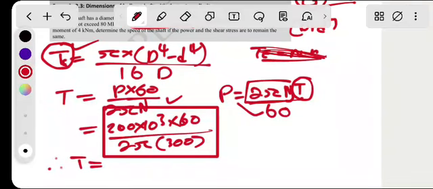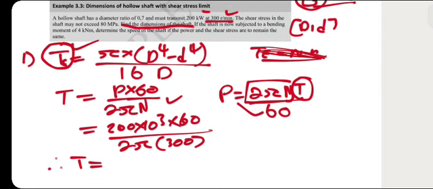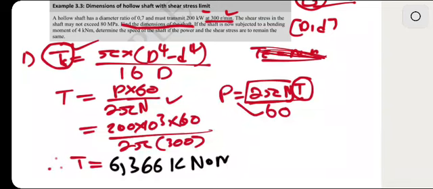If you punch that, you're supposed to get 6.366 kilonewton meter. It is measured in kilonewton meter. We now have this torque.